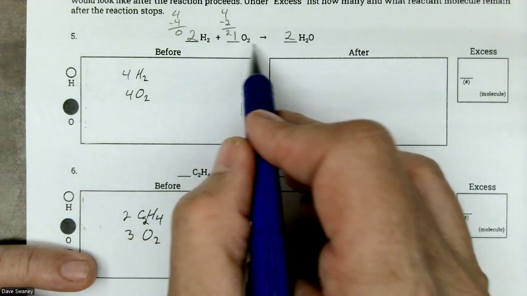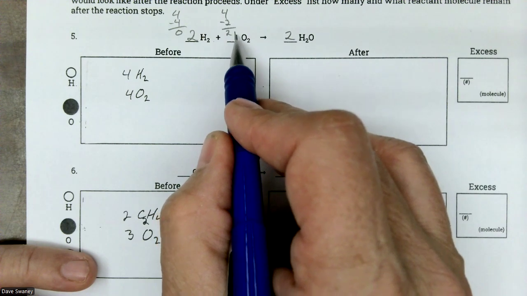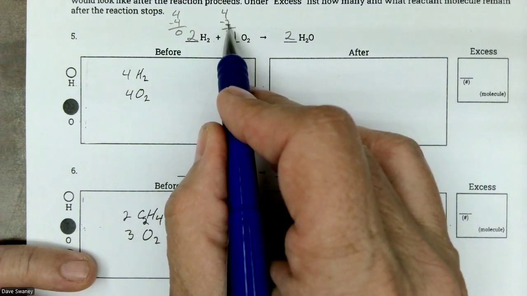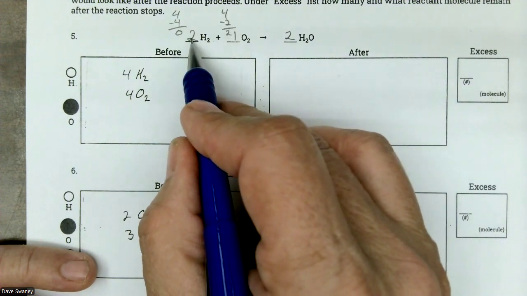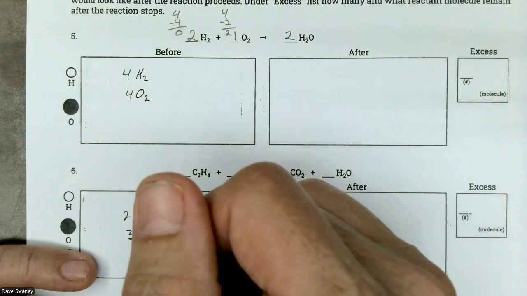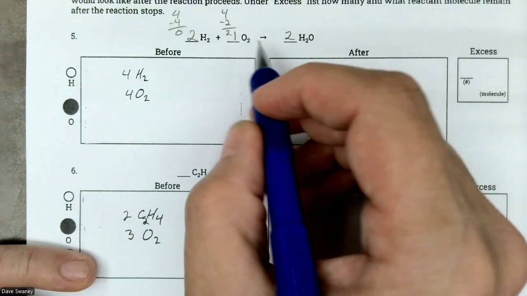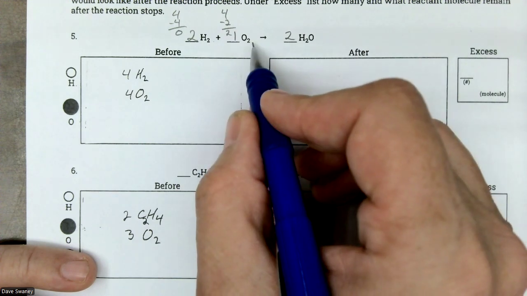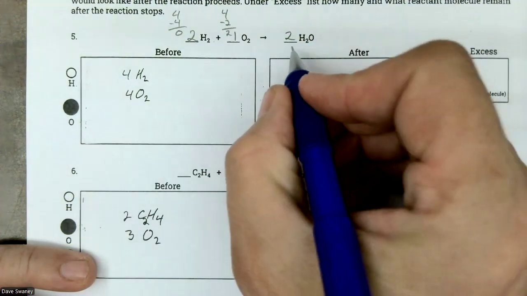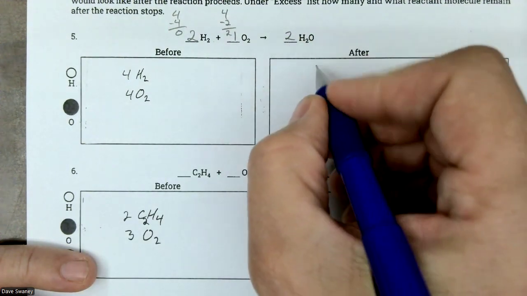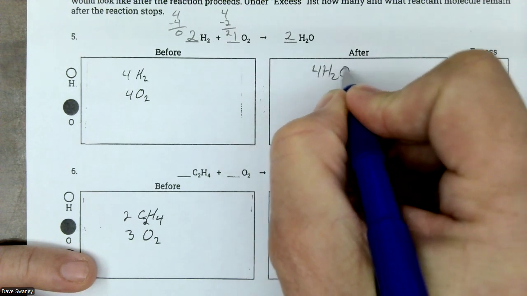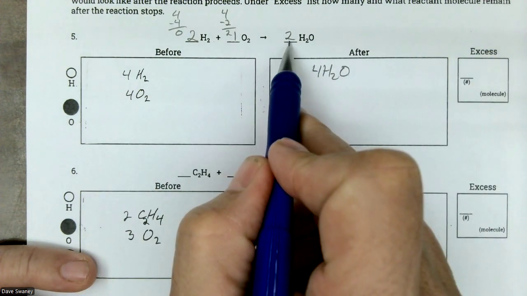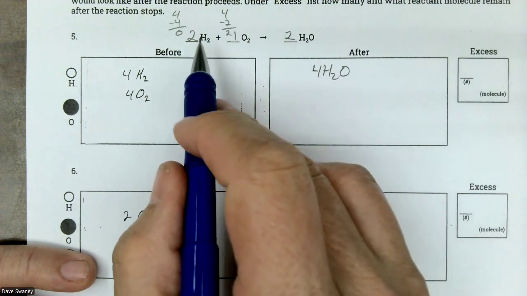How many times did I run this reaction? Well, instead of using 1, I used 2. So that's doubling the recipe. Instead of using 2, I used 4. That's doubling the recipe. So how many times did I run the recipe? Twice. So instead of getting 2, I get 4 because I ran the recipe twice. What's remaining?